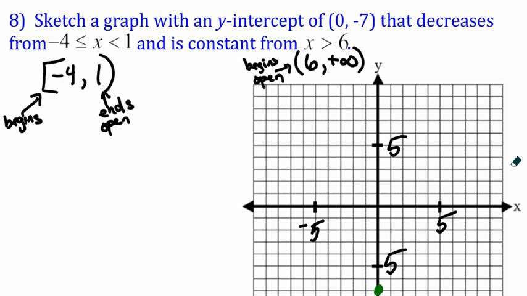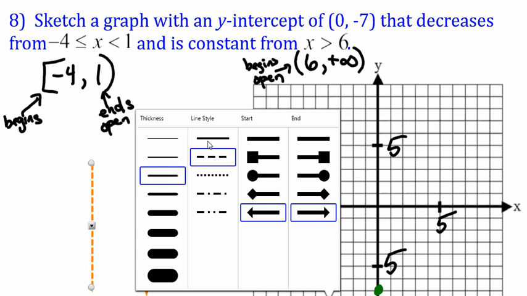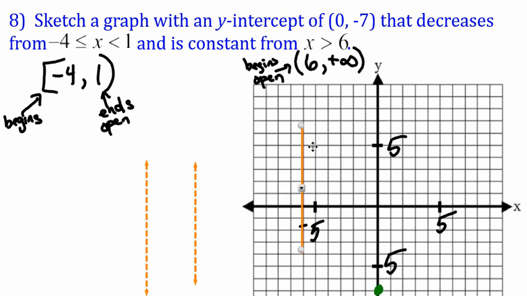So what could this look like? Well, from -4 to 1, I have to have a point someplace here that's filled in to start.